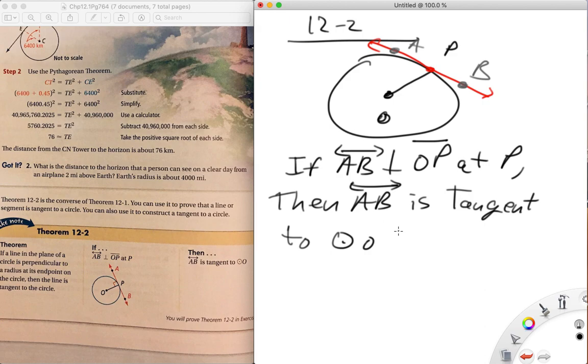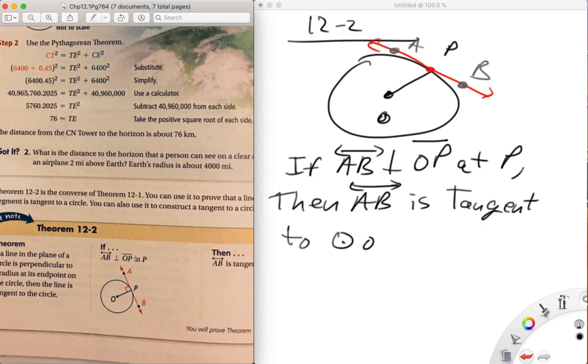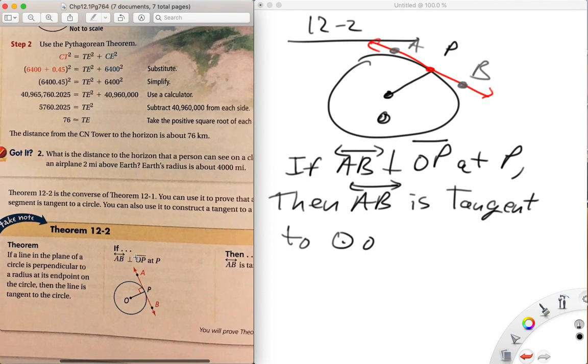If AB is perpendicular to OP at point P, the point of tangency, then AB is tangent to O. If a line in a plane of a circle is perpendicular to the radius at the endpoint of the circle, then the line is tangent to the circle.